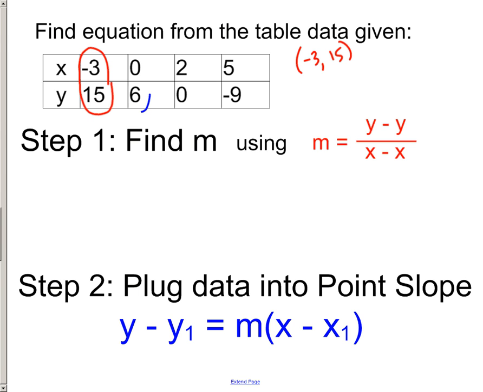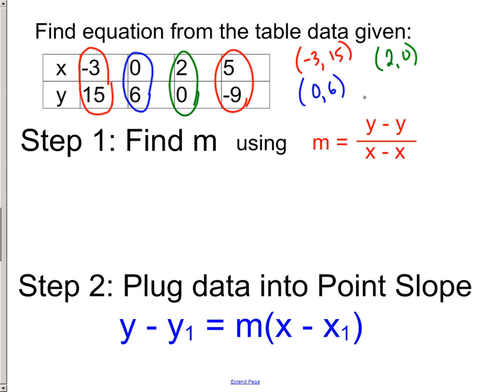And then the 0, 6, that would be as if they gave us another ordered pair, 0, 6. And then obviously this one, this is the x value, the 2, and this is the y value of 0. And let me go back to red here. This one would be 5, 9. So really, they gave us 4 ordered pairs.